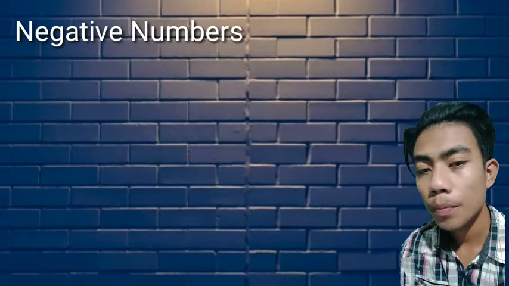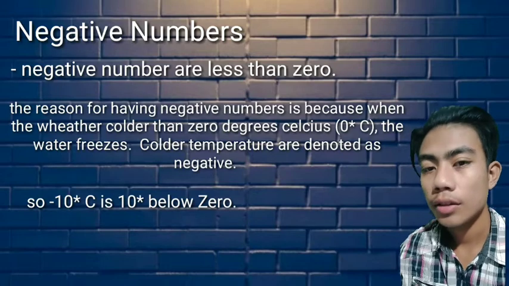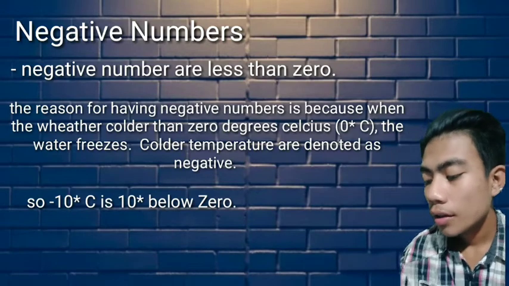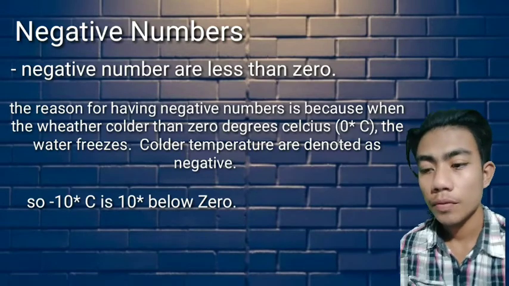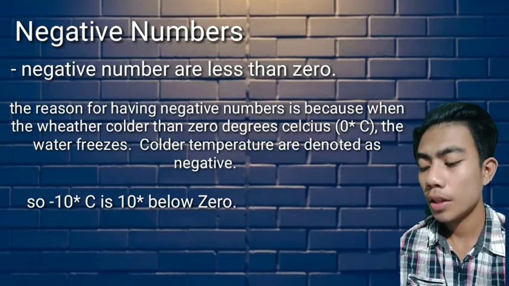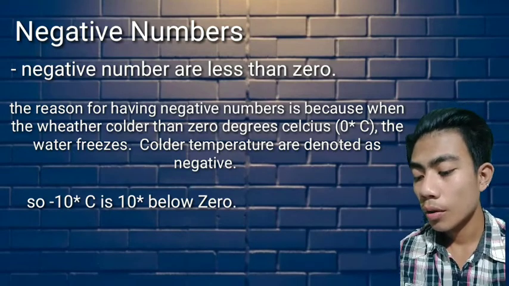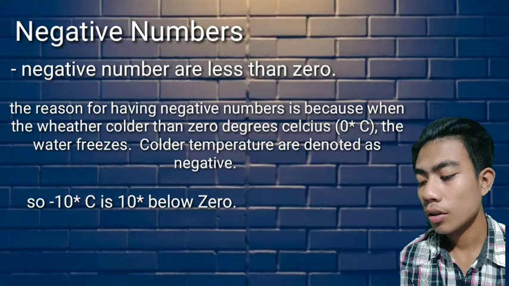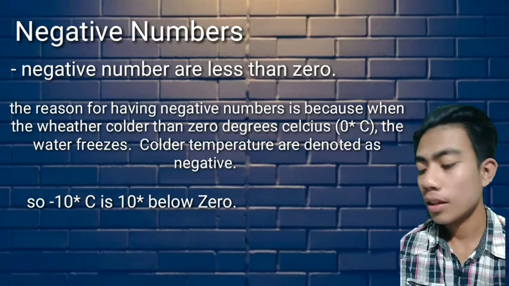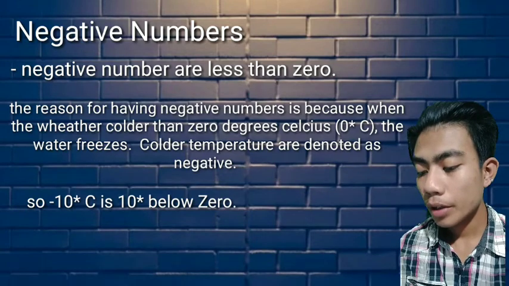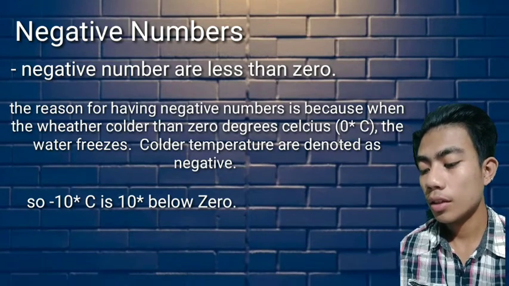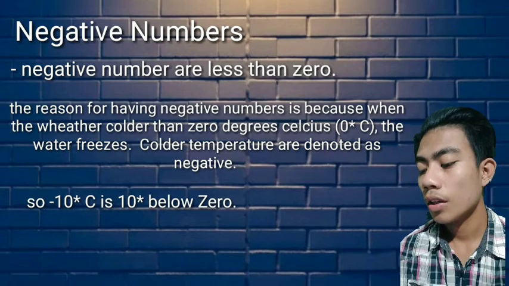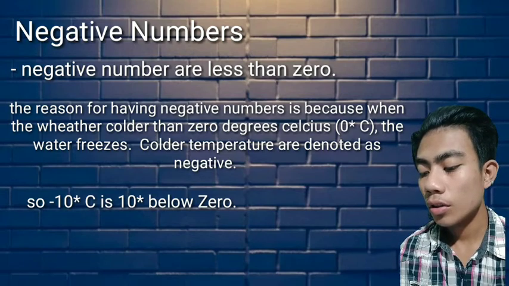Negative numbers are less than 0. The reason for having negative numbers is that when the weather is colder than 0 degrees Celsius, water freezes. So colder temperatures are denoted as negative. Negative 10 degrees Celsius is 10 degrees below 0.